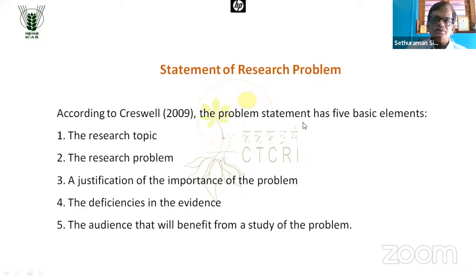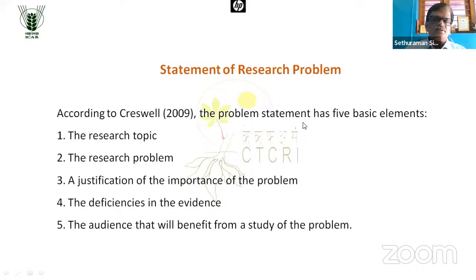Okay. Now, the research problem, from my perspective as a person who is involved in this kind of training program, who is involved in research work and also in extension activities and others. My perspective about the research problem is, as most of you said, something has to be solved.